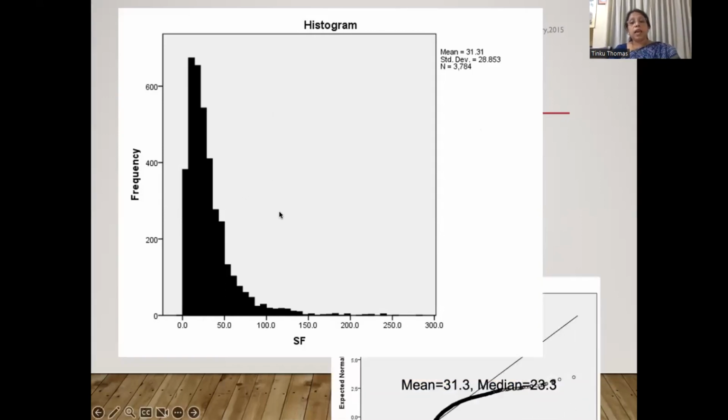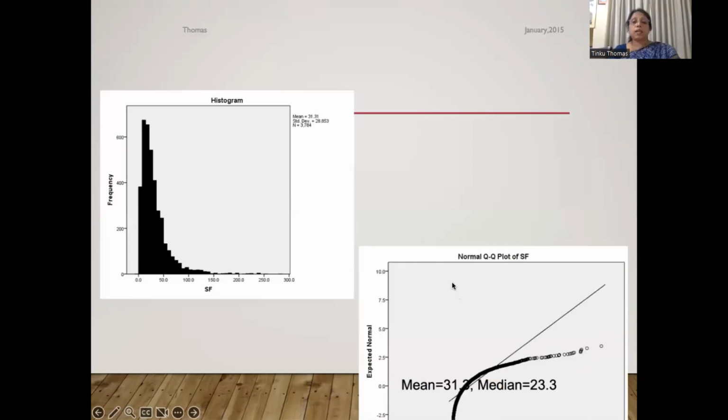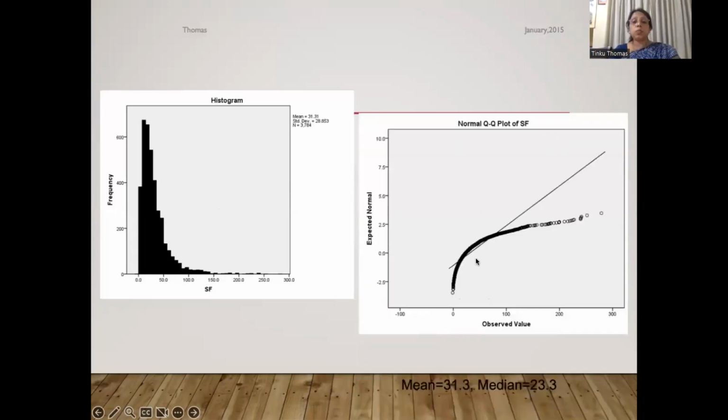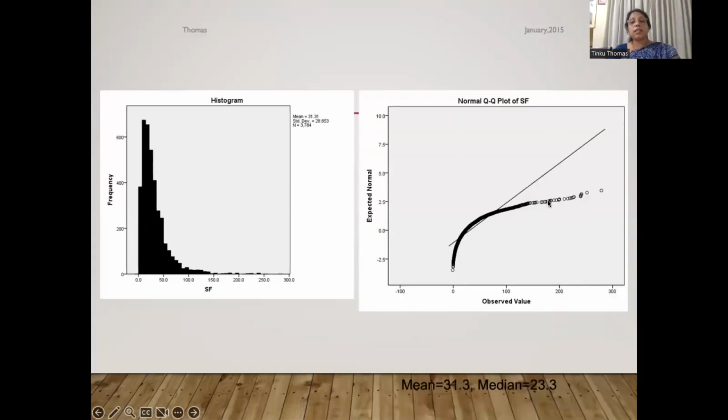And yeah, so look at the QQ plot again, clearly indicating that this data is not normally distributed because the observed data is going far away from the expected values on that straight line. So what do we do in such a situation? Look at the median and the mean, quite different. The mean is 31, the median is 23. So there is this clear indication everywhere that this data is not normally distributed.